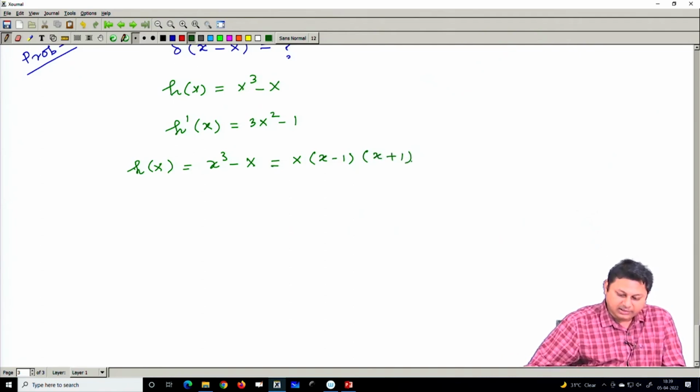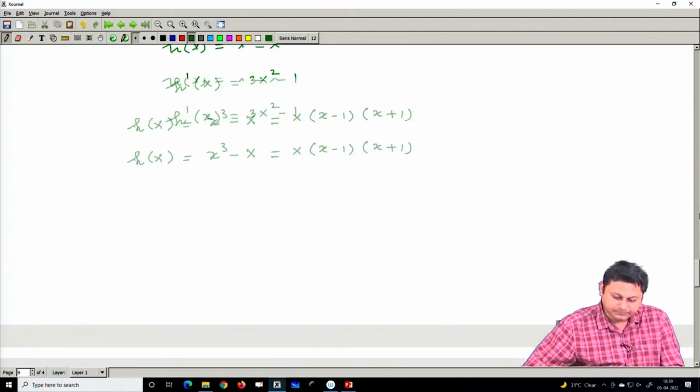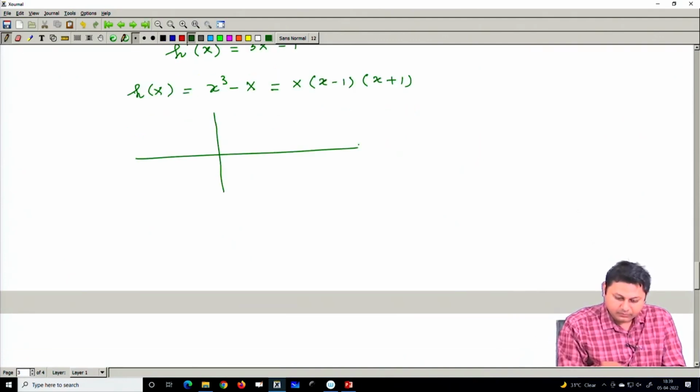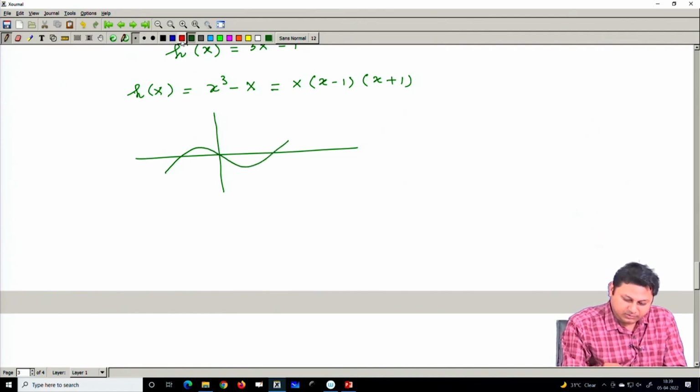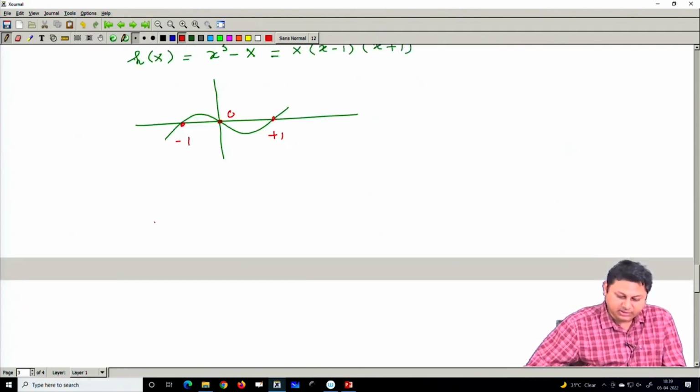So the roots are at minus 1, at 0 and plus 1. So we have a root at minus 1, a root at plus 1, and this is 0. These are the 3 roots. So once we know the roots, then we are done.